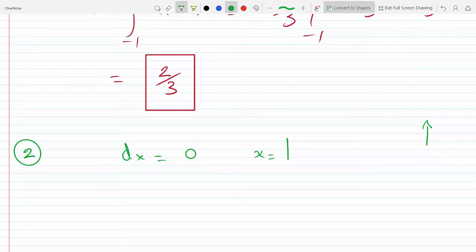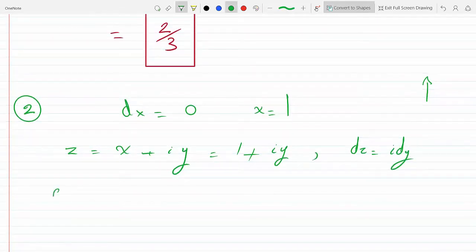So x is 1 and dx is 0. We said that z is x plus iy. y is varying, of course. x is 1, so this becomes 1 plus iy. And dz will be dx, well, there's no dx, so 0 because it's fixed, plus i dy.